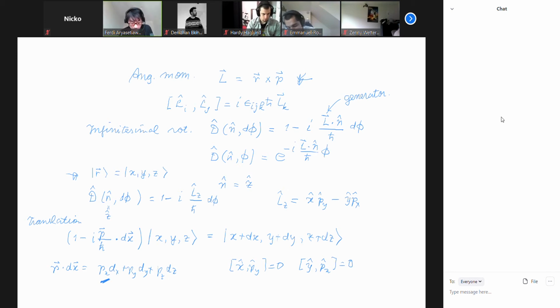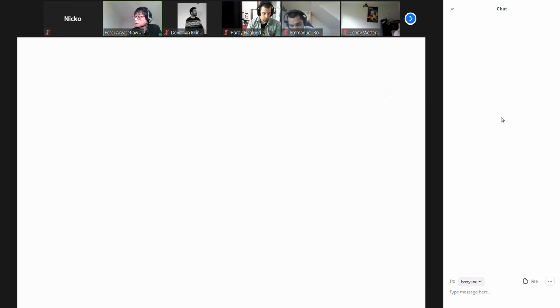So then if we apply this operator here onto the position eigenket, we get 1 minus i Lz upon h bar d phi acting on that.